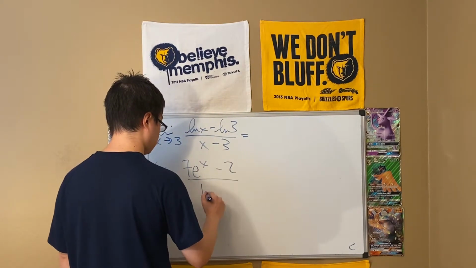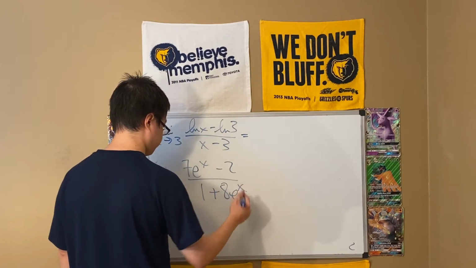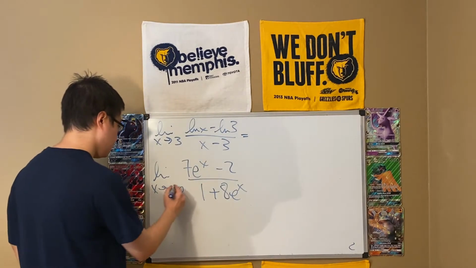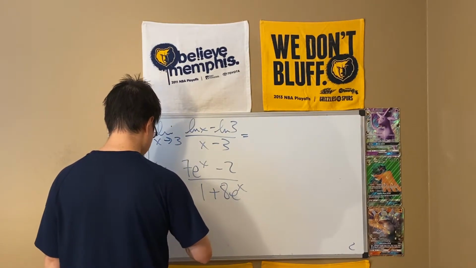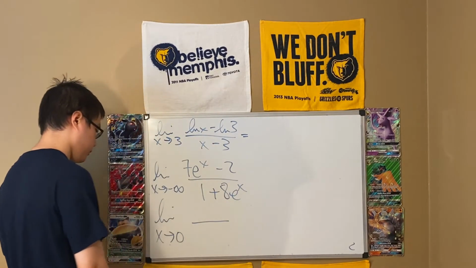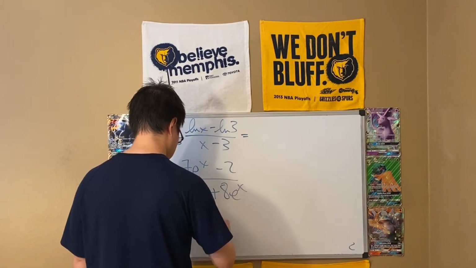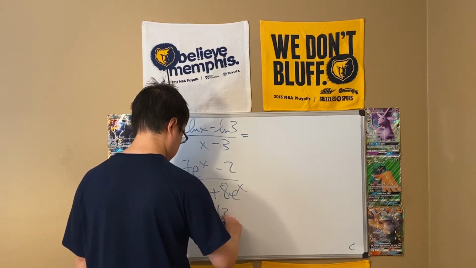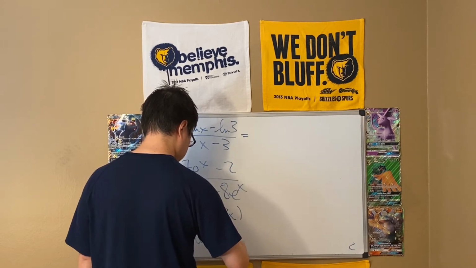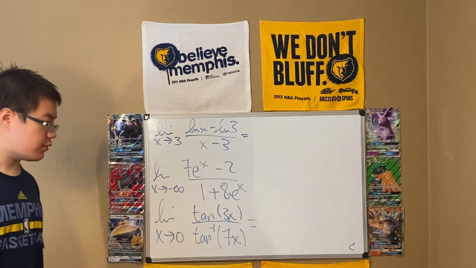Minus 2, 1, plus 8 e to the x. So this is my next question. And then finally, my last question, let's just be super crazy. Let's go to 0. And I believe I want this guy. Let's involve trig, because trig is our friend. It isn't, but whatever. So these are my next 3 questions.